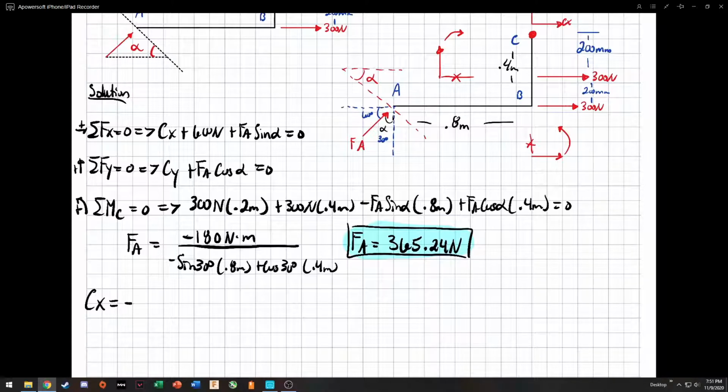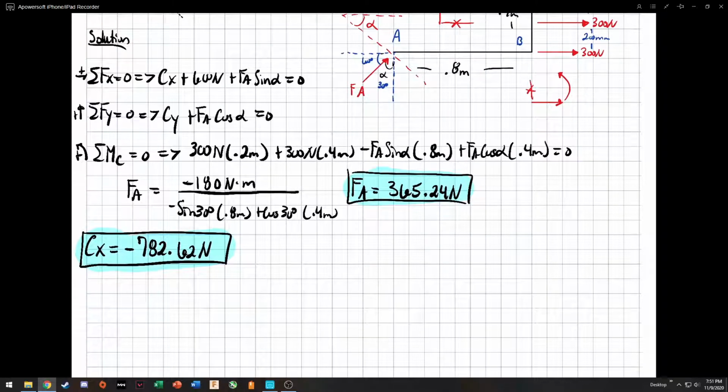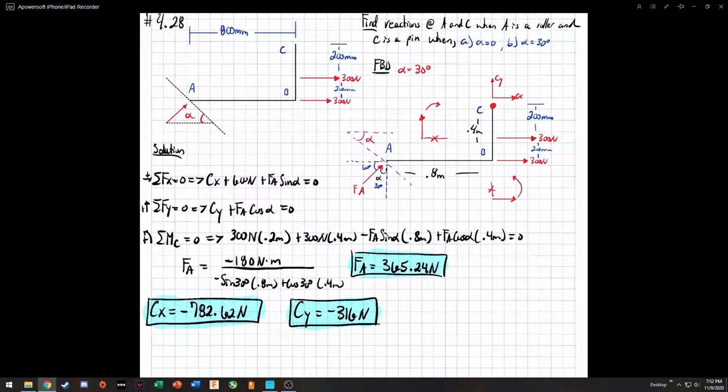Solving for Cx, we get negative 782.62 newtons. Note that it says it's negative, so we assumed our direction wrong, but that's perfectly fine. The math comes out to what we need. Solving for Cy, we get Cy to be a negative 316 newtons. Also, we assumed that direction was wrong as well, but that's okay, as long as we got our values.